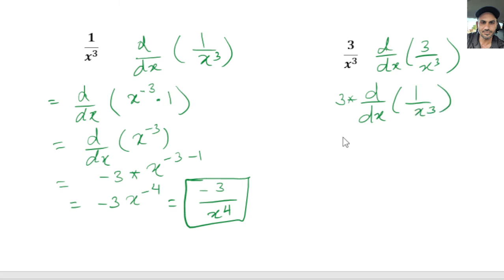The next thing I'm going to do is use the laws of exponents. 1 over x cubed is the same as x to the negative 3, where you can bring this denominator into the numerator and change the exponent sign. And next I'm going to take the derivative of this.